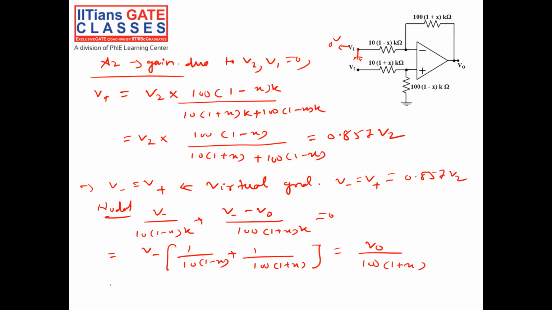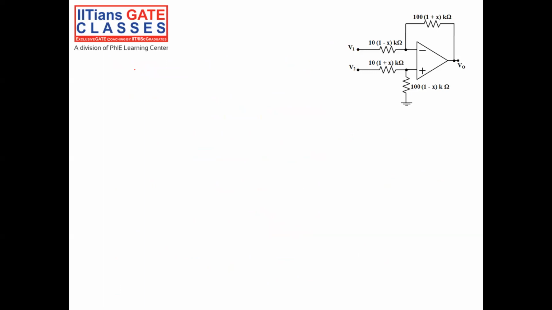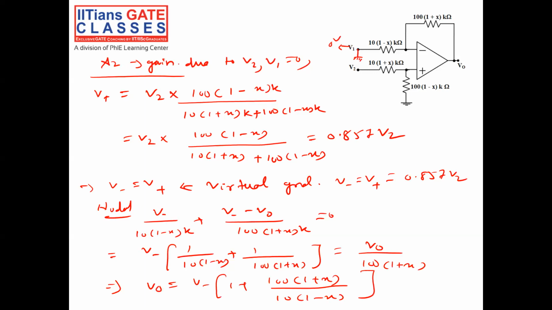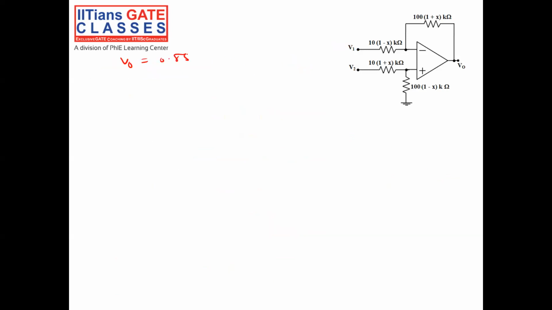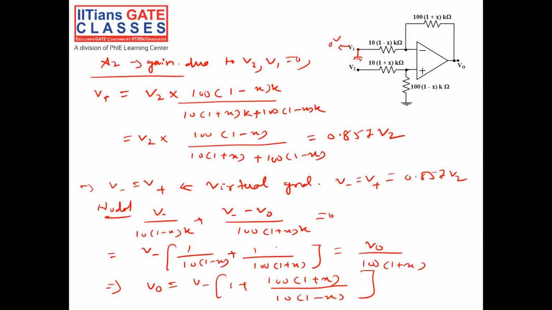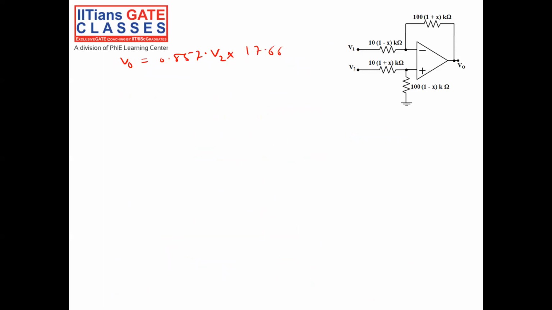So V0 is equal to V negative into 1 plus 100 into (1 plus x) divided by 10 into (1 minus x), where 100 goes aside. Now V negative means 0.857 V2, so V0 equals 0.857 into V2 into 1 plus 10 into 1.25 divided by (1 minus 0.25), that is 17.66.